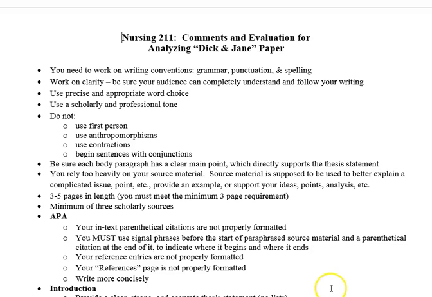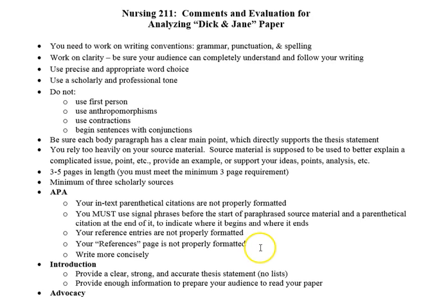We also have a grade sheet and rubric, which is provided. This gives you a really good idea of what we're looking for when we're grading papers. It says here, comments and evaluation, analyzing Dick and Jane paper. So the first part of it has to do with writing. So clarity, writing conventions, grammar, punctuation, spelling, and then things you make sure you don't do.